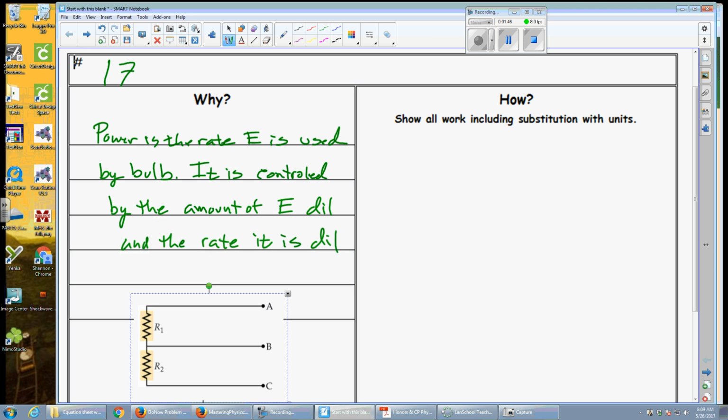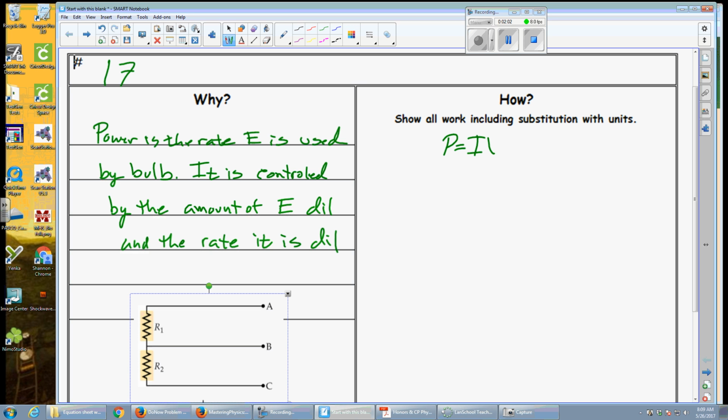I might even go into making sure I showed I understood what current and resistance and voltage were, but maybe not. And then over here, I might as well put all of my equations.